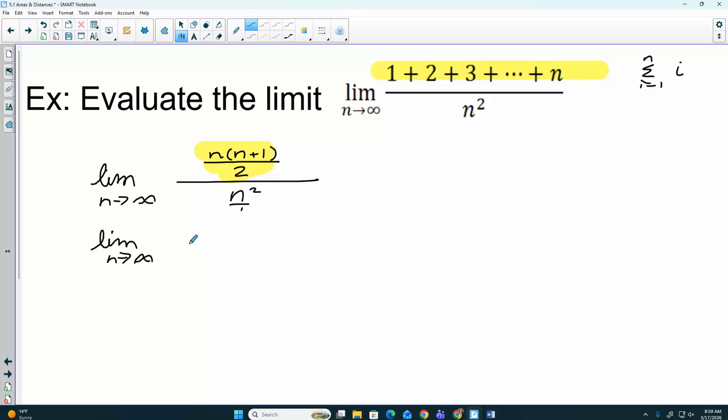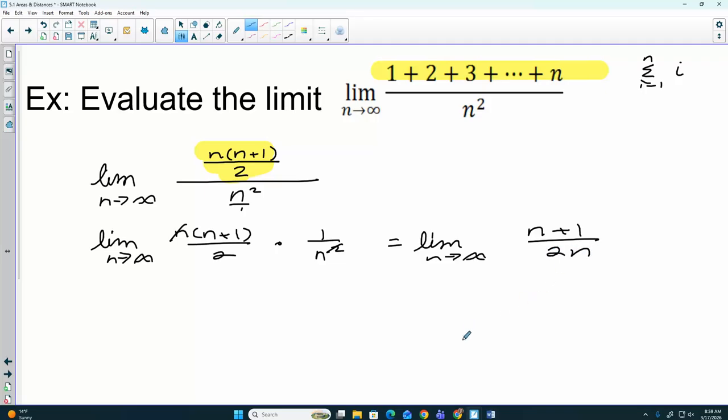To divide fractions, we flip and multiply. So I have n times n plus 1 over 2 times 1 over n squared. So we can cancel an n. So I have n plus 1 over 2n.